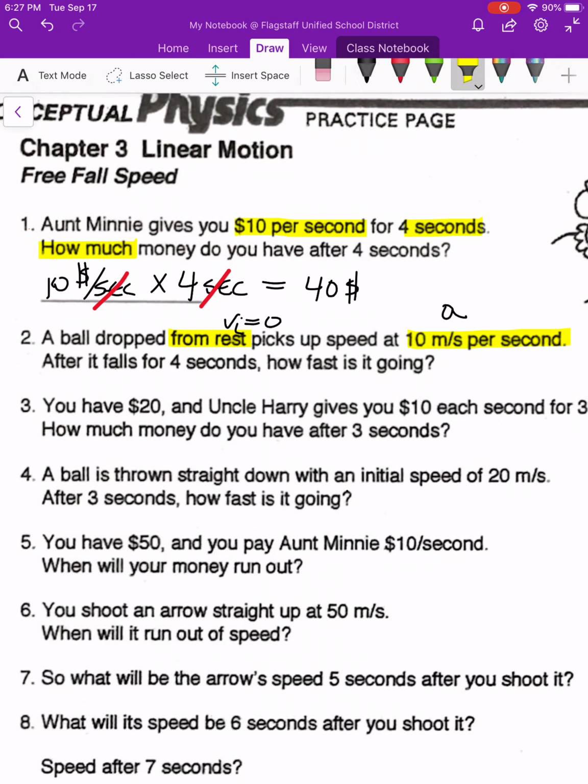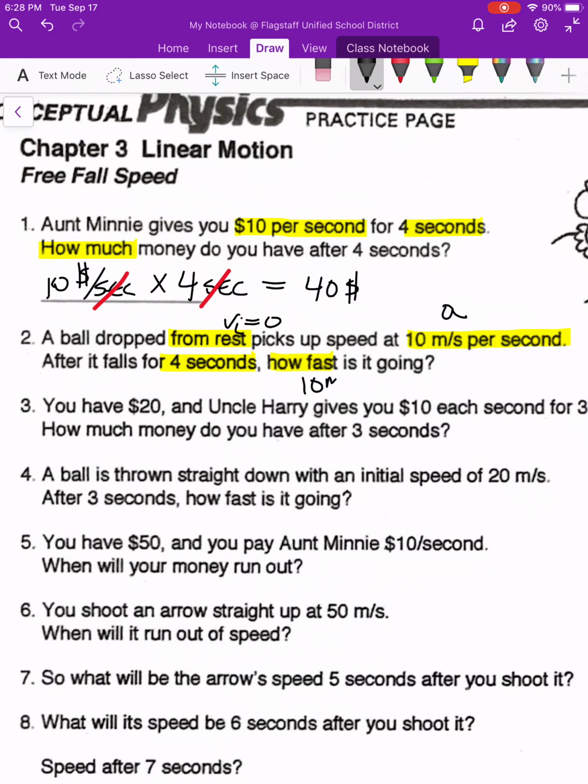It falls for 4 seconds, which is our time, and it wants to know how fast it's going. How fast indicates that it wants a velocity. So we could use our kinematic equations here, but you probably could intuitively solve this the same exact way that we solved number 1, right?